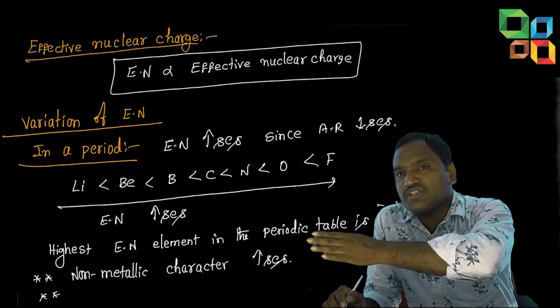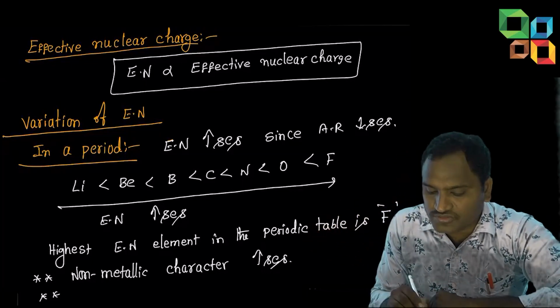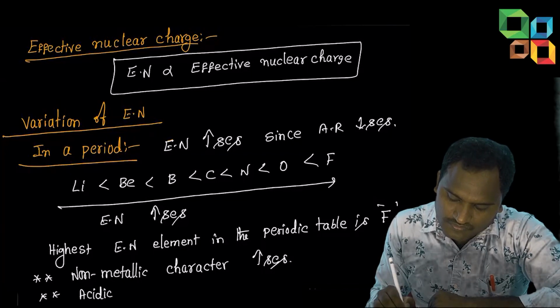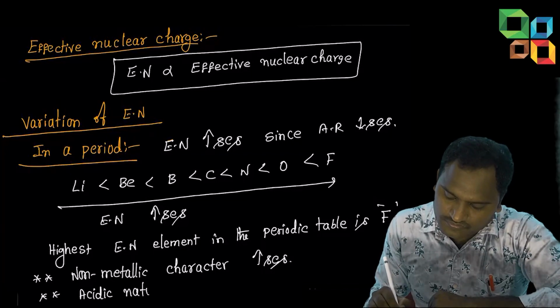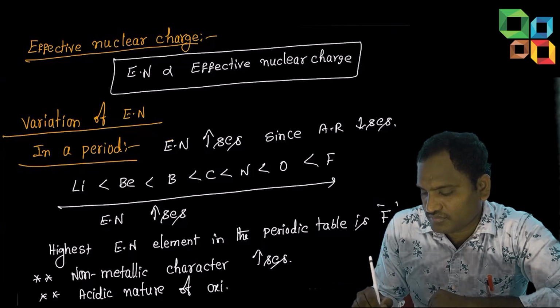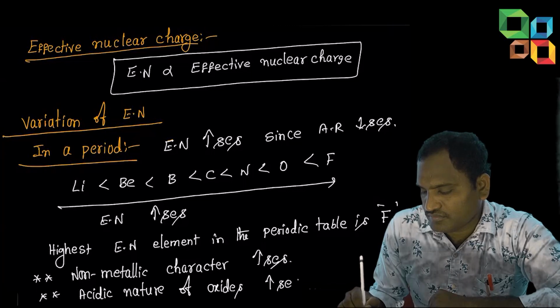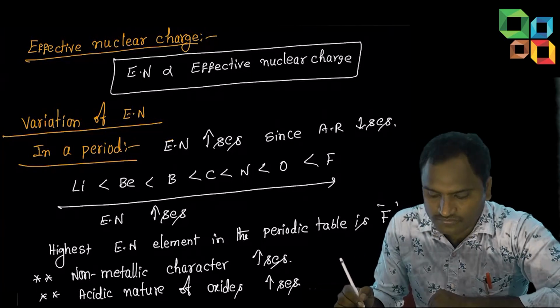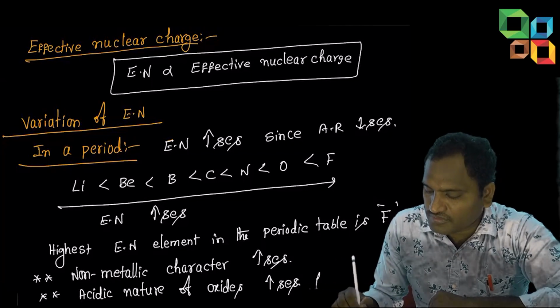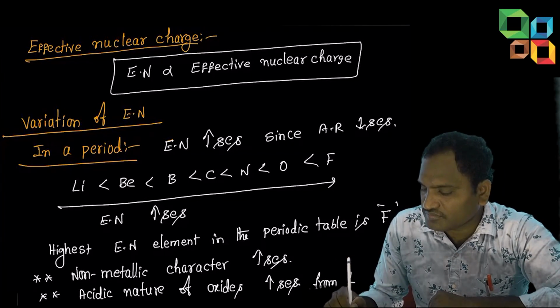As electronegativity increases, the acidic nature of oxides also increases from left to right.